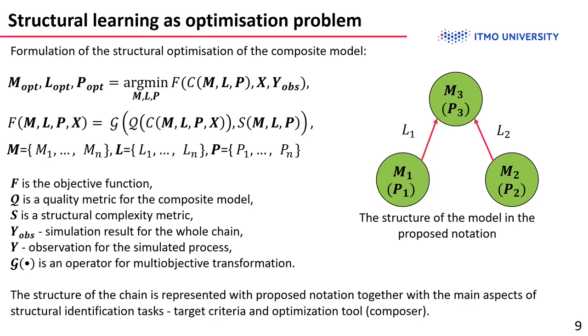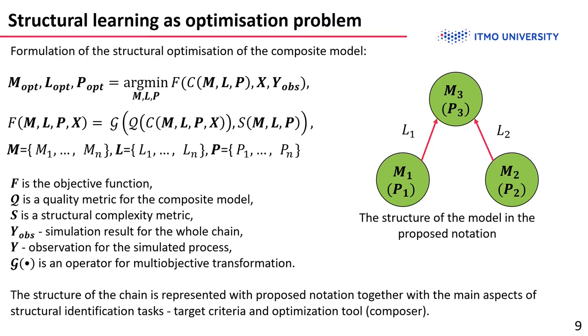Also, the other part of the optimization problem is the objective function that we want to use. As you can see, we can split the objective function into two sub-functions. It is the quality-based objective function that represents the quality of the simulation using the composite model with a specific structure, and the structure complexity metric that allows us to express the negative impact of an overcomplicated structure of the model.